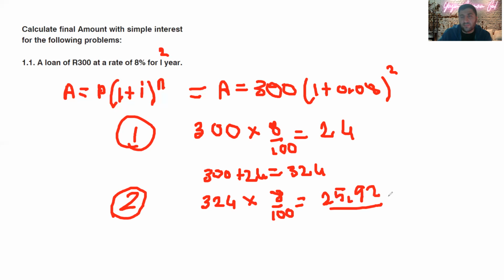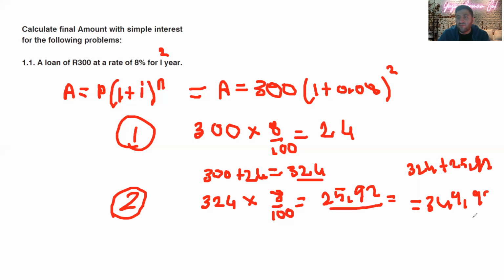Now how much money did I have before? 324. So 324 plus 25.92 equals 349.92.